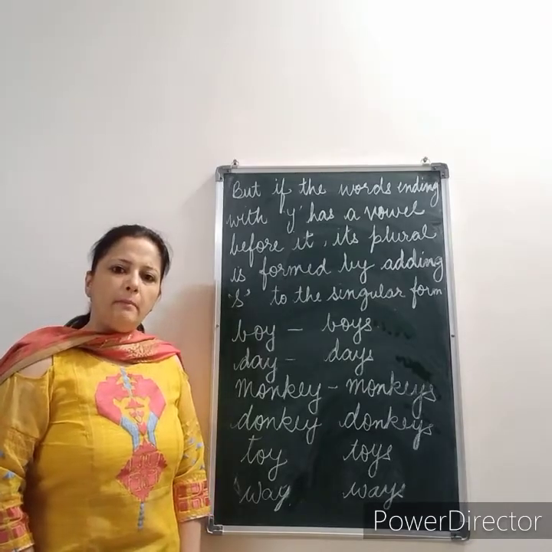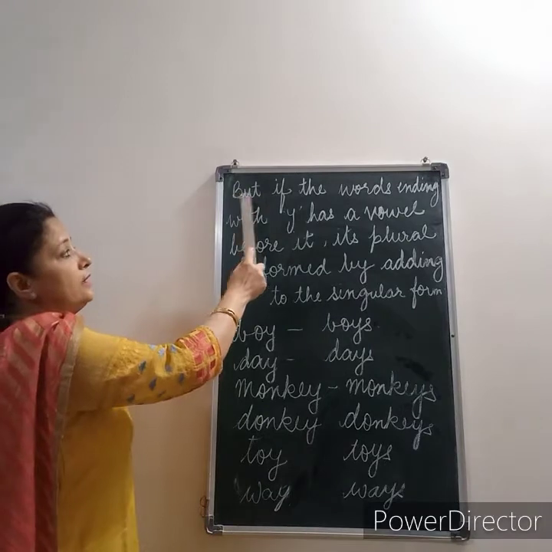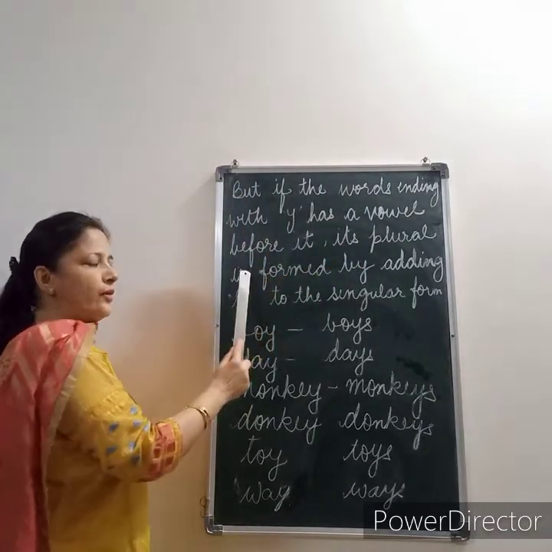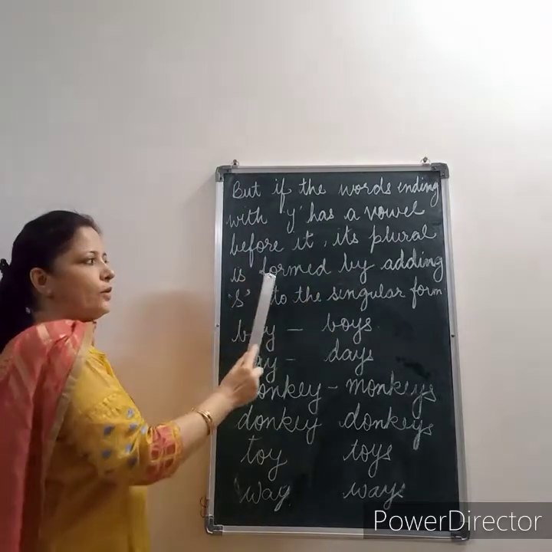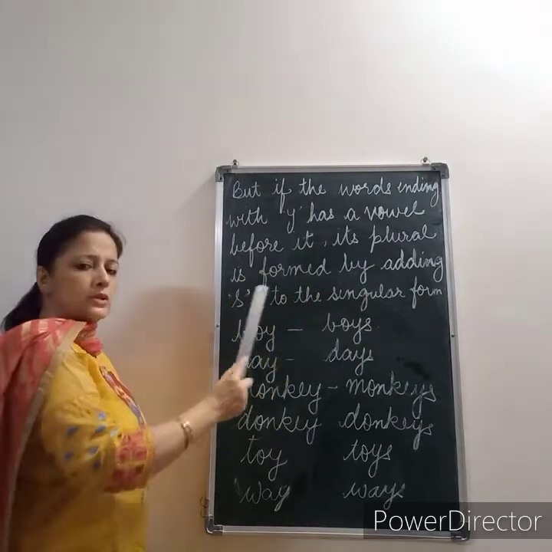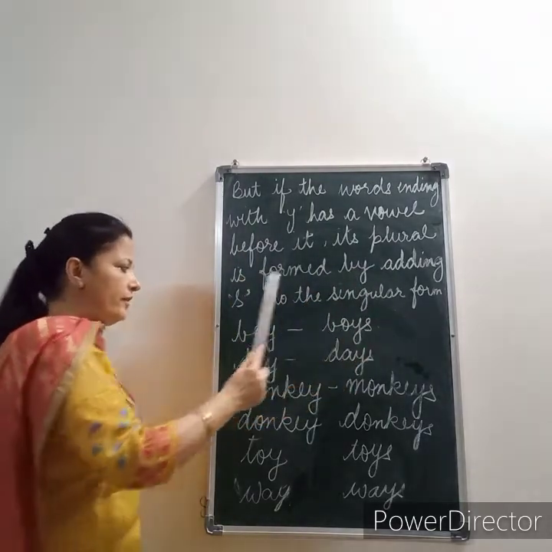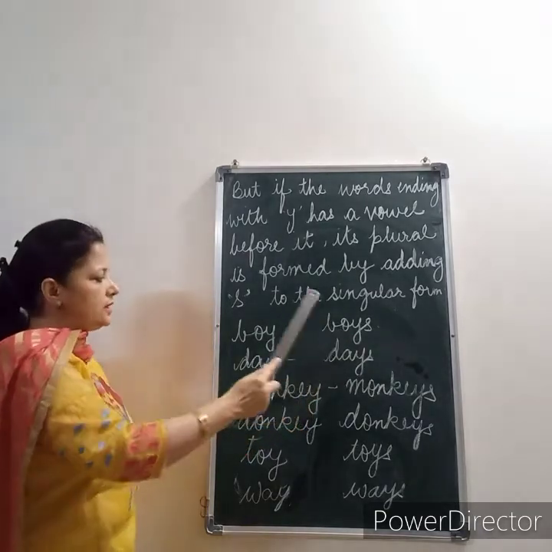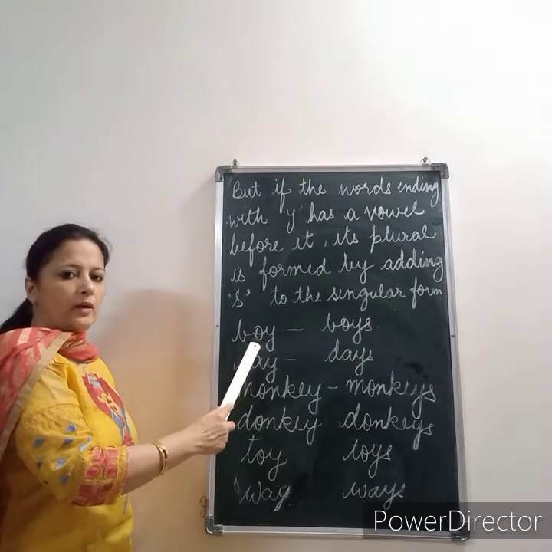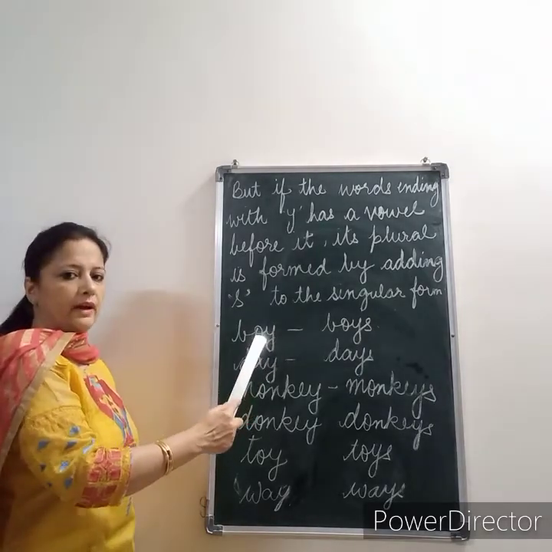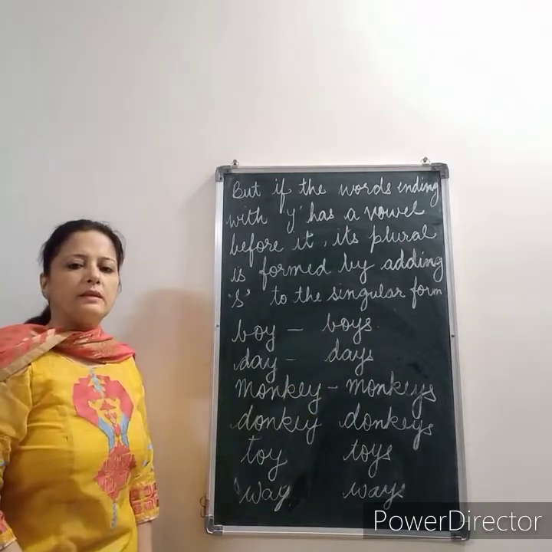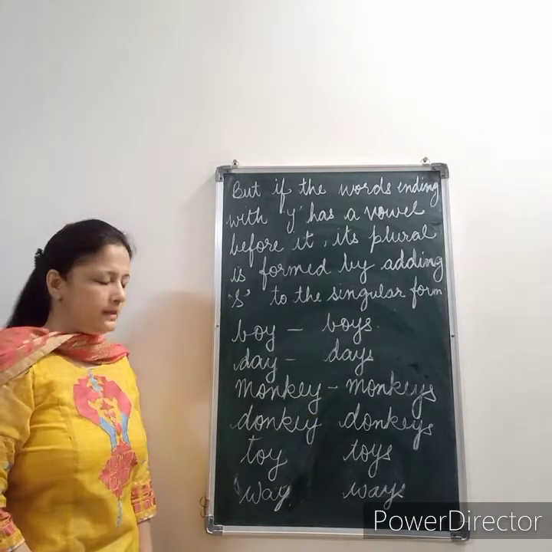But you have to remember that if a word ending with y has a vowel before it, its plural is formed by adding s to the singular form. For example, boy, boys. Here you will note that o is a vowel which is just before the letter y. So we have just added s instead of replacing y with ies.